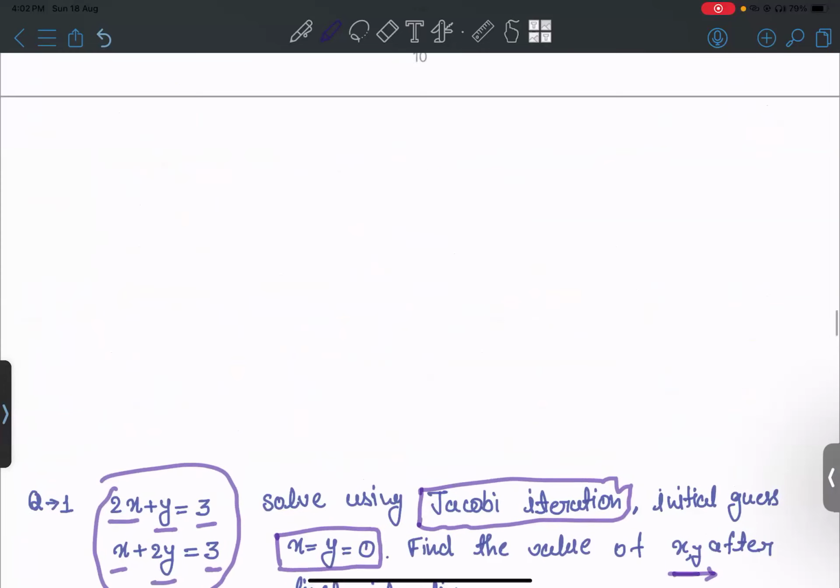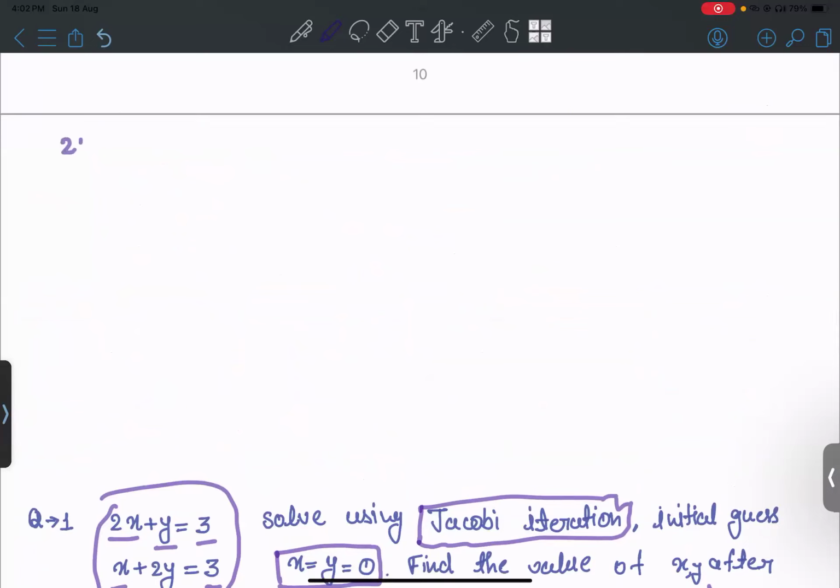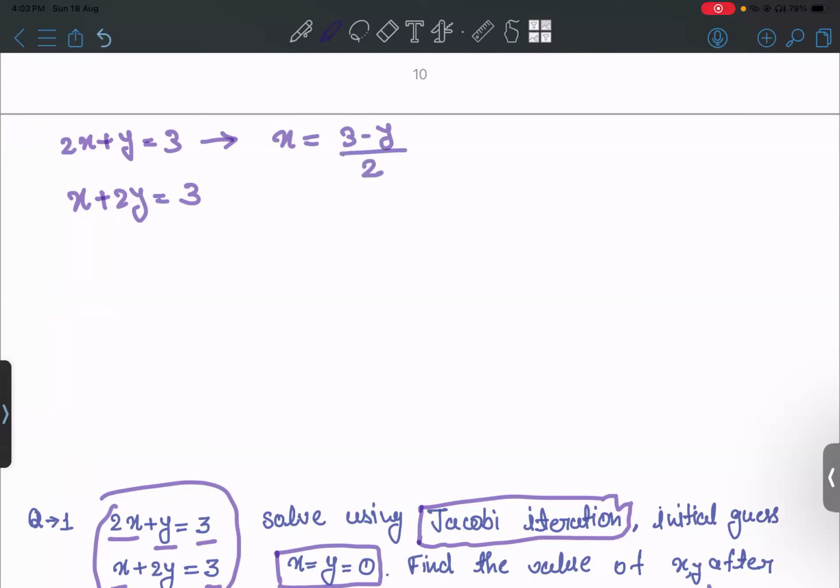So what is my equation? 2x plus y equal to 3 and x plus 2y equal to 3. Please try to solve and post the answer. Meanwhile, I will also solve here. From the first equation, x will be equal to 3 minus y divided by 2. From the second, y will be 3 minus x divided by 2.